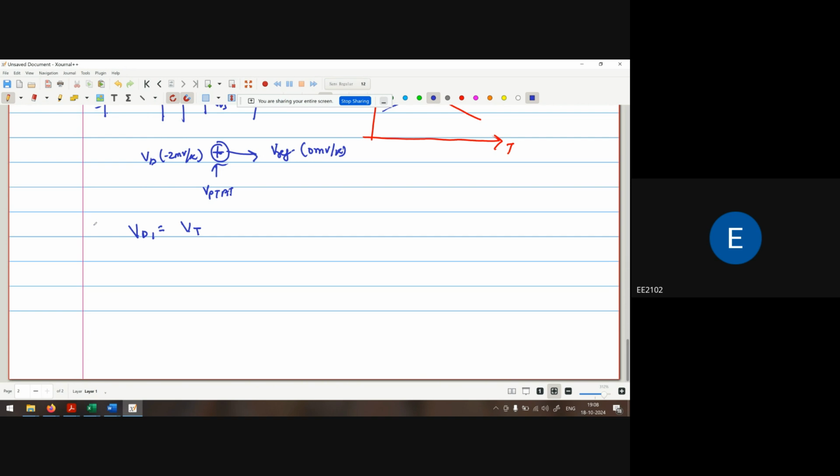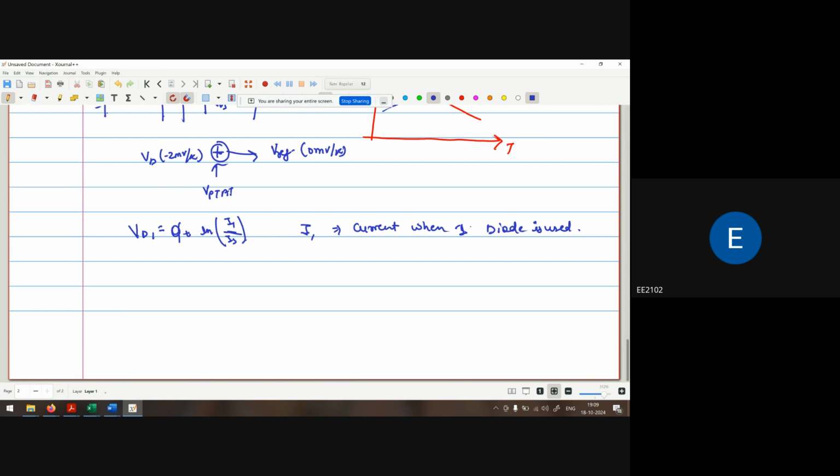Professor is writing it as phi T. I1 is basically the current when one diode is used.